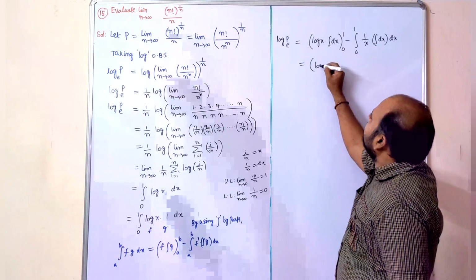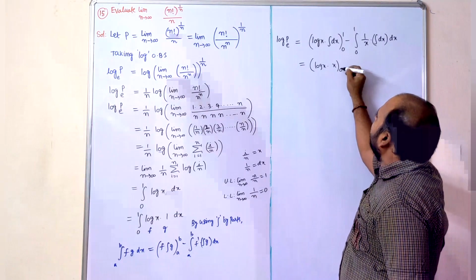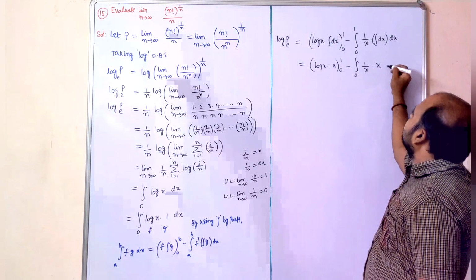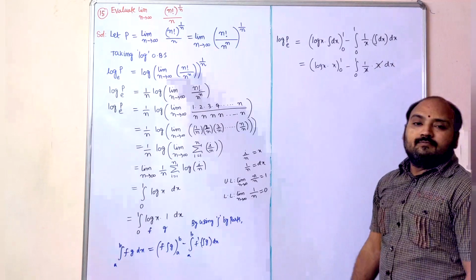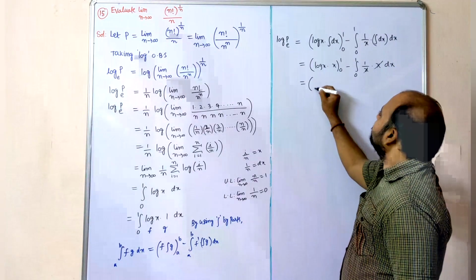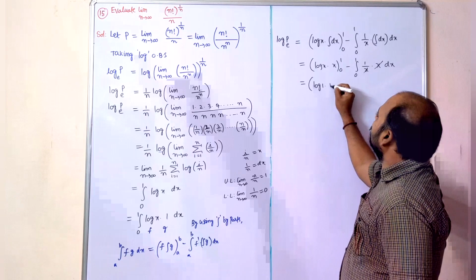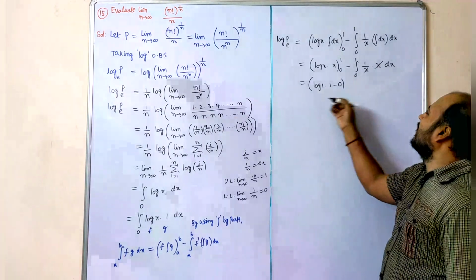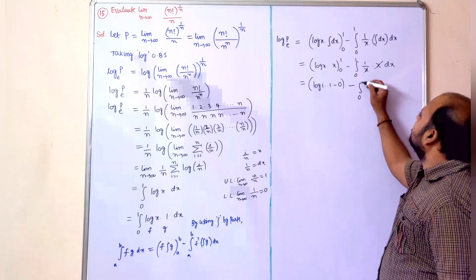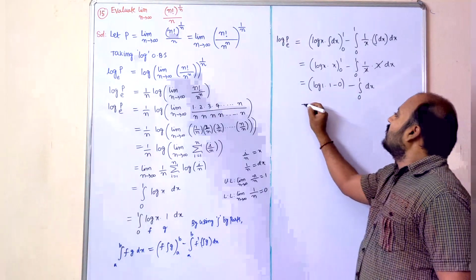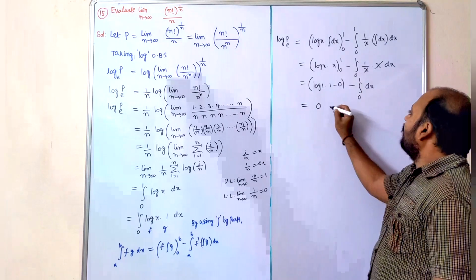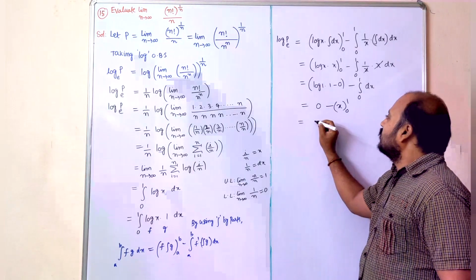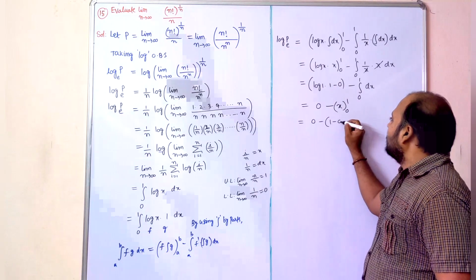So log x into integral dx is x, applying the limit 0 to 1. Integral 0 to 1, 1 by x into integral dx is x. So x equal to 1, substitute: log 1 into 1 minus 0. Anyway, log 1 value is also 0, so this complete term goes to be 0, minus integral 0 to 1 dx. So this is 0 minus integral dx is x, applying the limit 0 to 1, so 0 minus (1 minus 0).